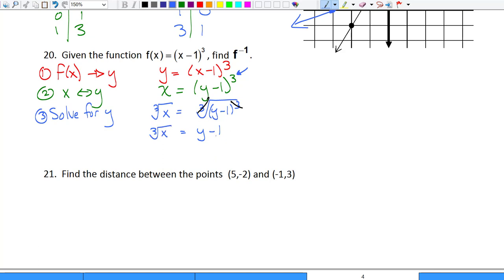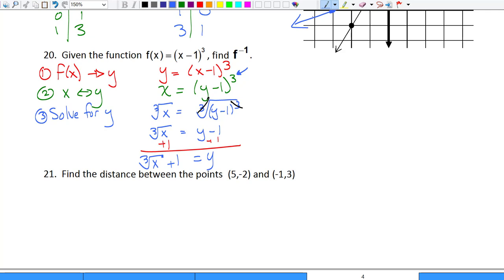And now that the y minus 1 is released from its cube parentheses, I can add 1 to both sides and get y is equal to the cube root of x, plus 1. Make sure that the cube root of x stops right after the x and the plus 1 is after it. The plus 1 can't go underneath the radical unless you added 1 first, which in this case you wouldn't.